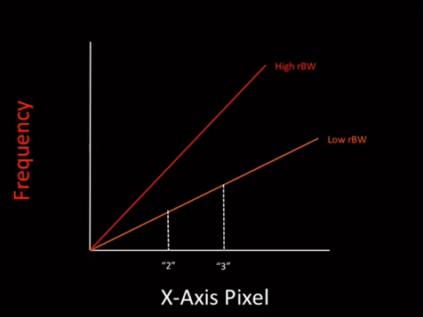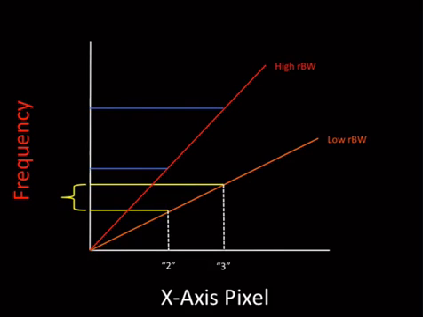So a small difference in frequency is more noticeable at a low bandwidth, whereas small differences in frequency are less noticeable at a high bandwidth.